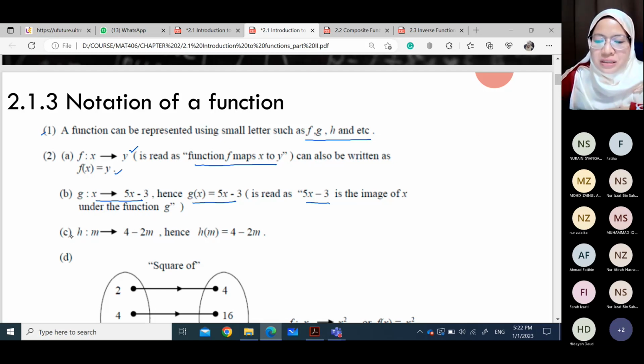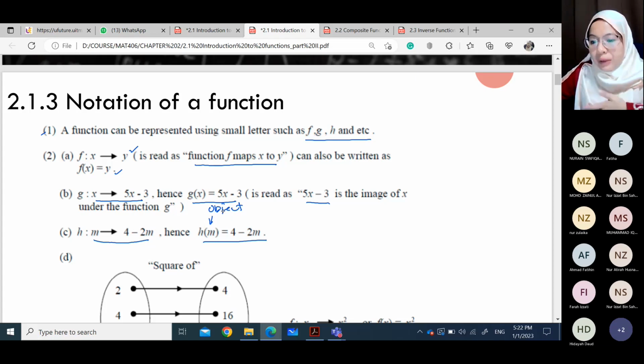Okay. So untuk C, so the name of this function is H. So function H maps M to 4 minus 2M. Hence function H is 4 minus 2M. Okay. So M dekat sini adalah objek ataupun domain.